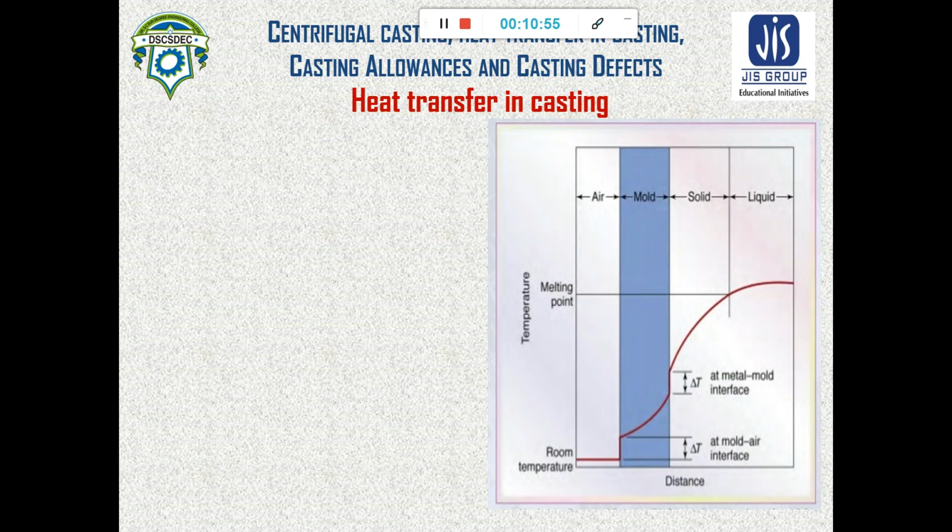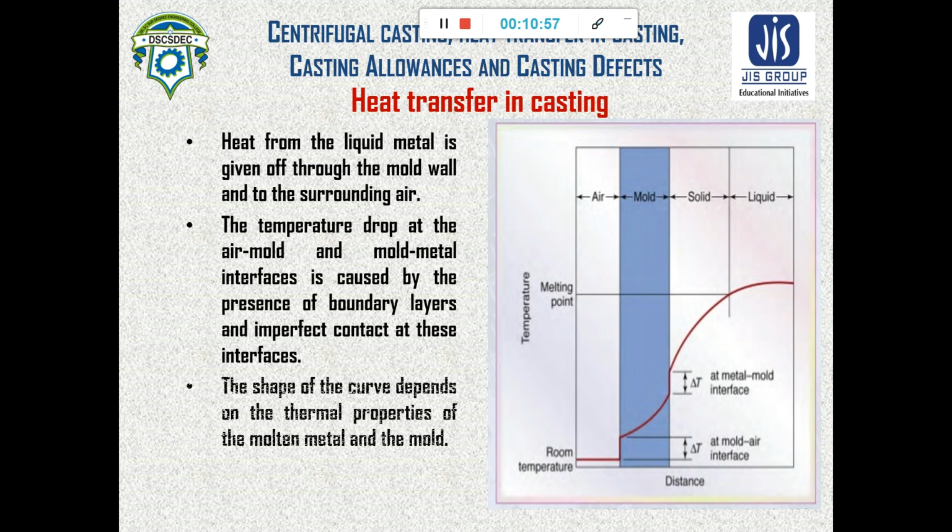Our next part is heat transfer in casting. So we will see about heat transfer in casting. Now see, first this is the mold. This is the liquid state, and after the liquid state there will be solid state, and there is an interface, that is the mold to air interface.